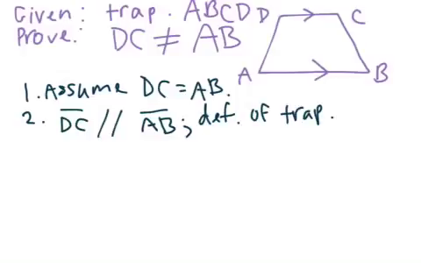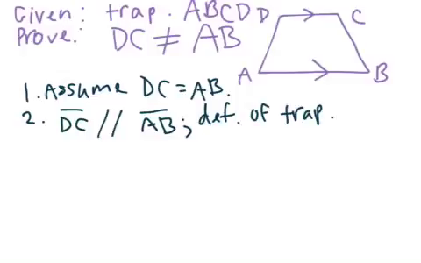And now there is a theorem, I don't know if you remember, which says that if a quadrilateral has a pair of opposite sides that are both congruent and parallel, then it is a parallelogram. So we have that DC is equal to AB, our assumption, and that DC is parallel to AB based on the given information that ABCD is a trapezoid.